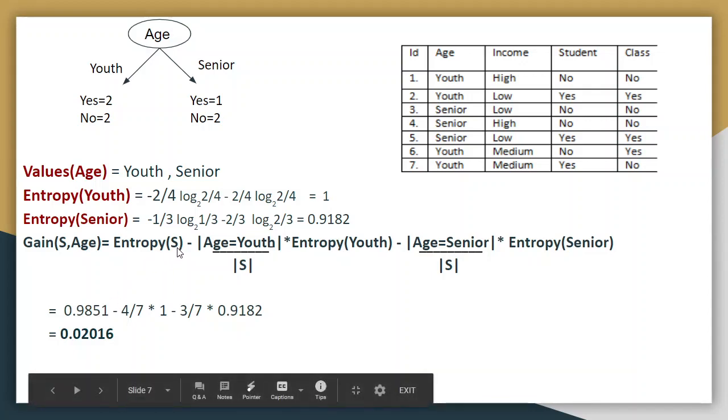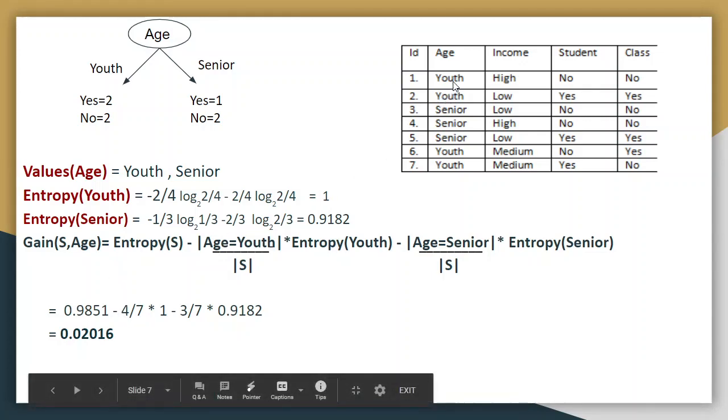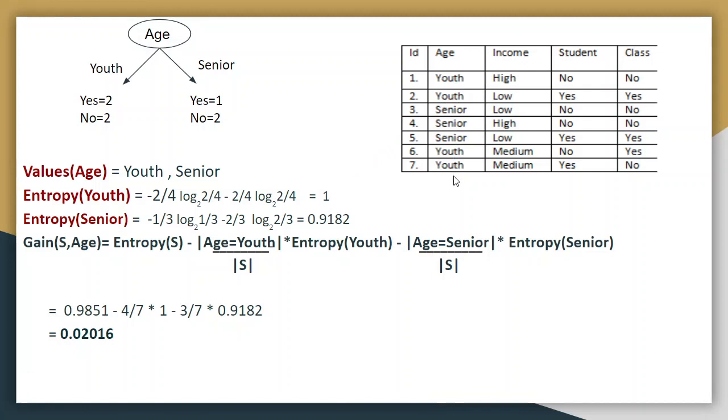So the entropy of the data set is 0.9851, as I have already calculated in the previous slide. The number of records for age equal to youth is 4, as we can see here: 1, 2, 3 and 4.